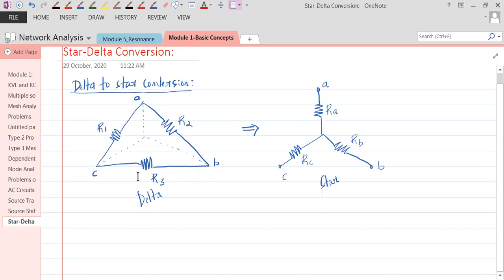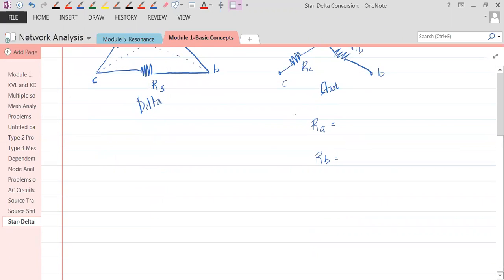Delta deals with R1, R2, R3. Star deals with RA, RB, RC, for your understanding. Get that point? Which means I need to obtain RA, RB, RC in terms of R1, R2, R3, because we are converting delta into star.